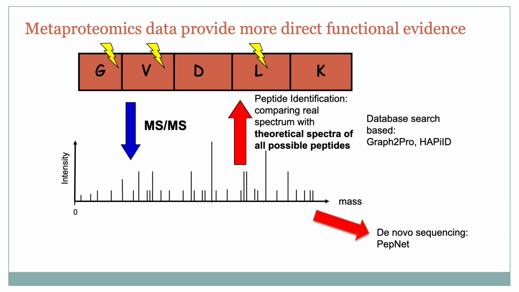Once we can identify those peptides from spectra, we can look into the proteins and their abundances in microbial communities. So the hope is that this protein information can provide more direct functional insights into those microbial communities.